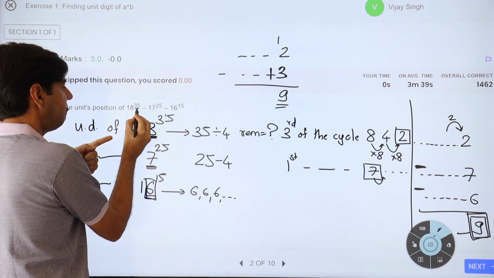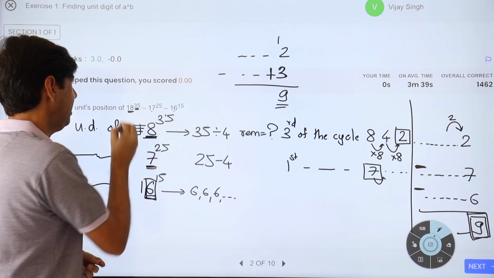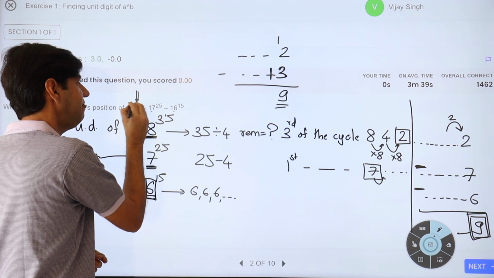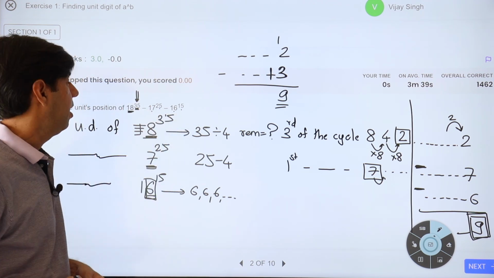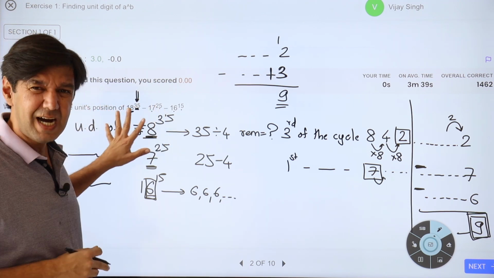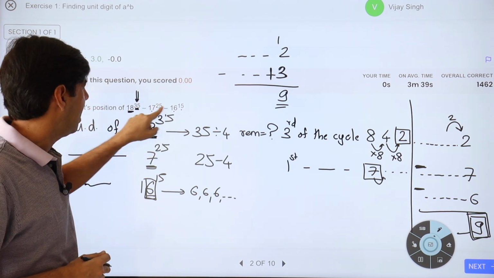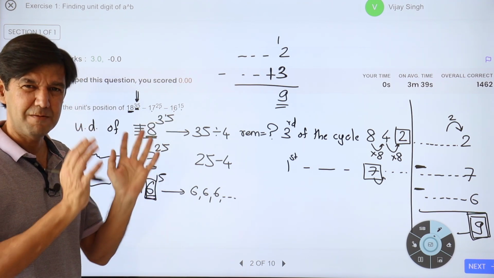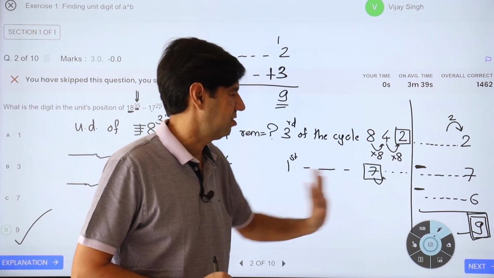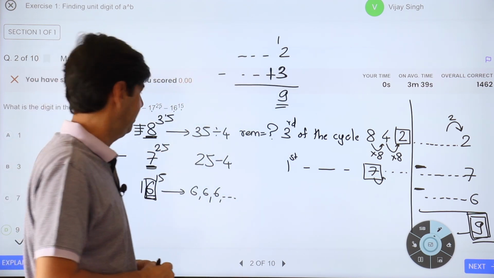Now 18 raised to 35: 18 itself is a bigger base than 17 and 16, and 35 is a much larger number than 25 and 15. So that one hygiene check works. This is a much larger number, and from it I am subtracting smaller numbers, so the answer is going to remain positive. So I don't see any problem with the 9.